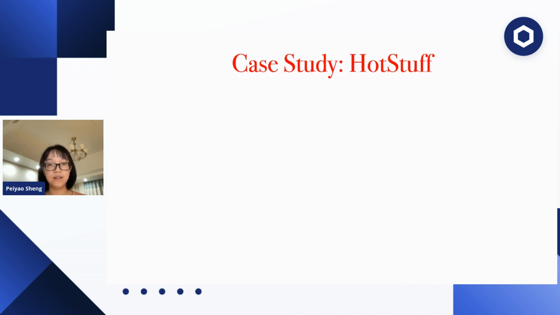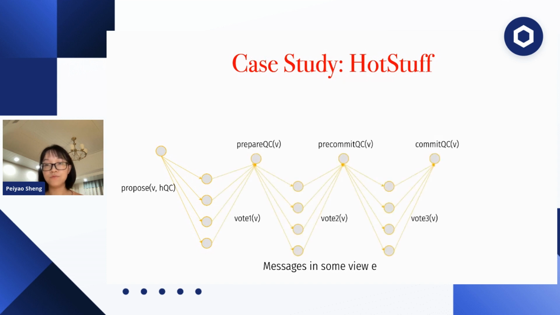So briefly, we say the HotStuff protocol proceeds in a sequence of views. And in each view, after a leader proposes a value, there are 3 rounds of voting. At the end of each round, a quorum certificate is formed with 2T plus 1 votes. They have different names in different phases.